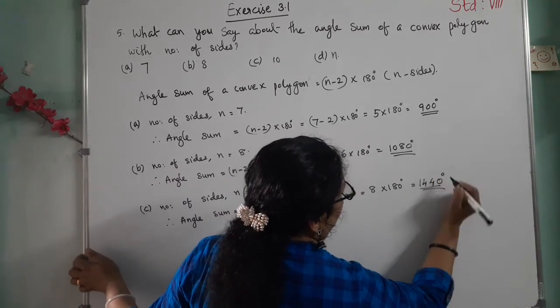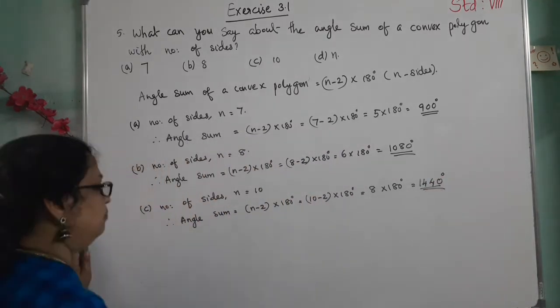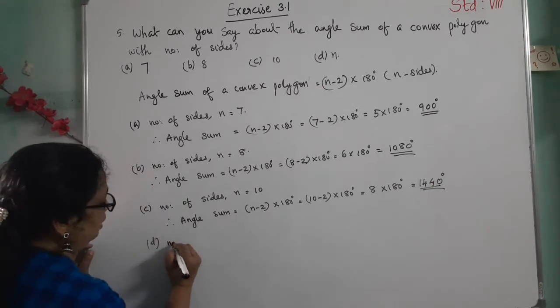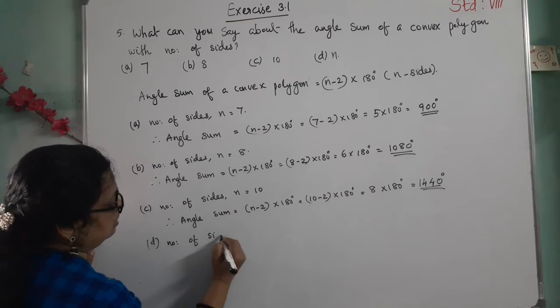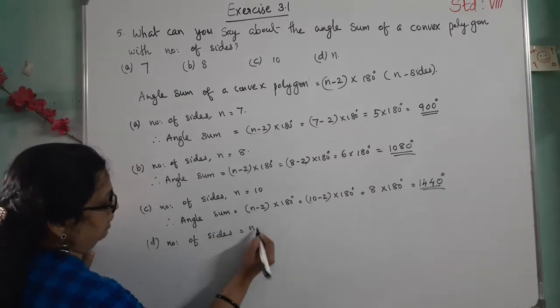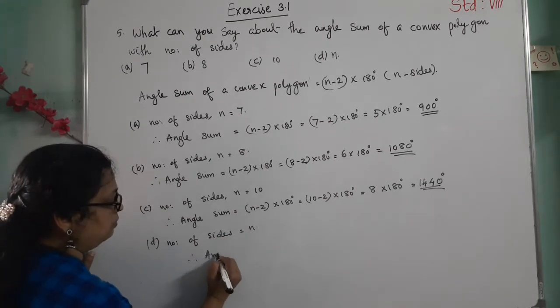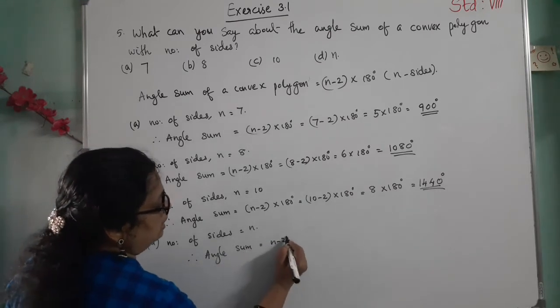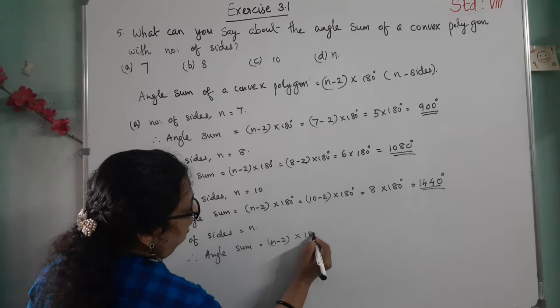That is 1440 degrees. Then D, number of sides equal to n. Therefore angle sum is (n minus 2) into 180 degrees.